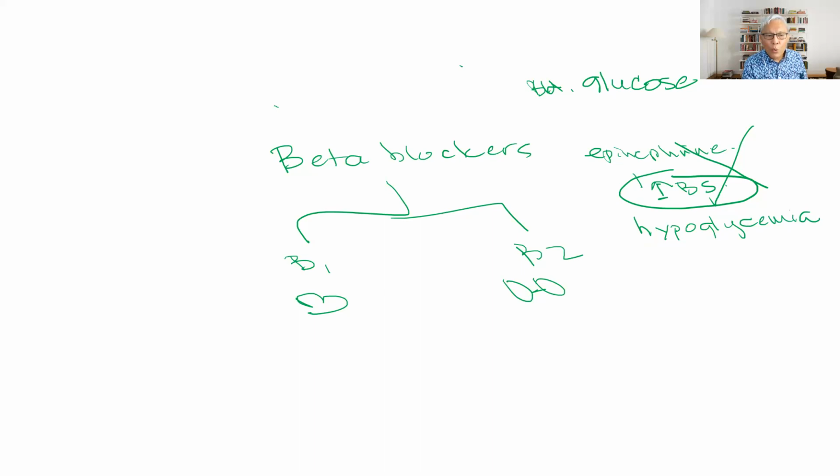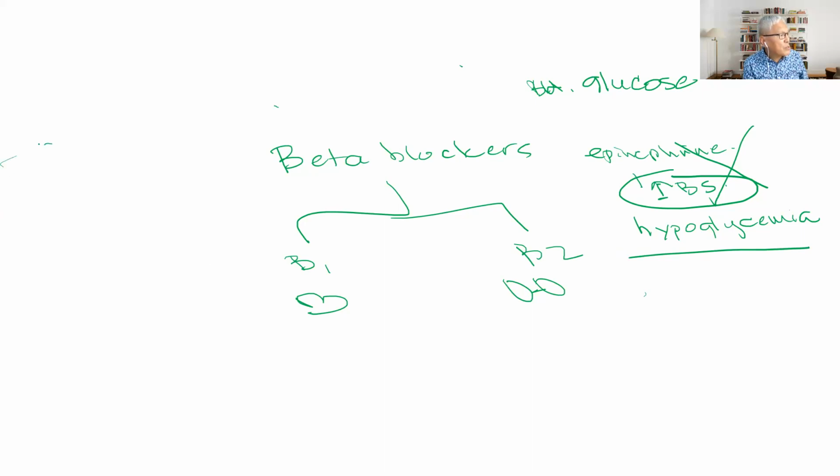Okay, so in these patients, therefore, we usually try to avoid prescribing beta blockers to patients that are diabetic. But sometimes you have to take a gamble because the effect of the beta blocker is going to be the only course of action that will make the patient better. So when that happens, you have to warn the patient that the symptoms of hypoglycemia will not be detected.